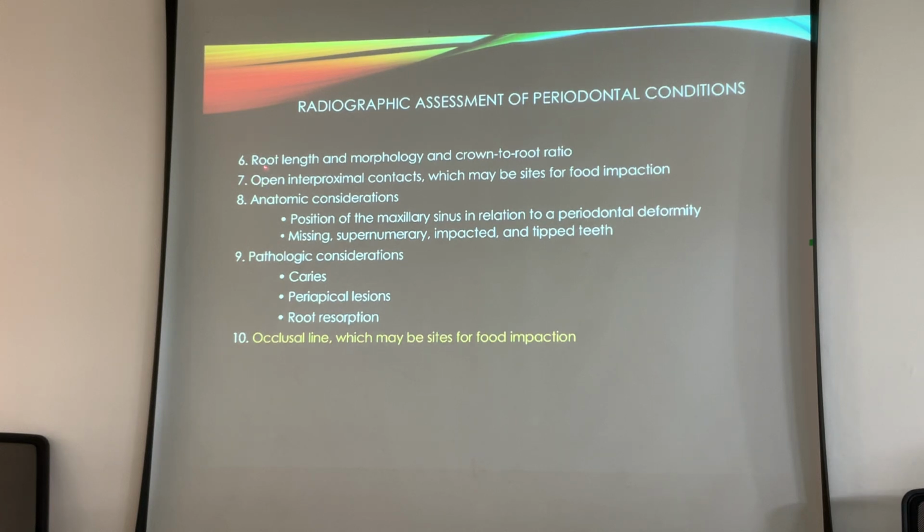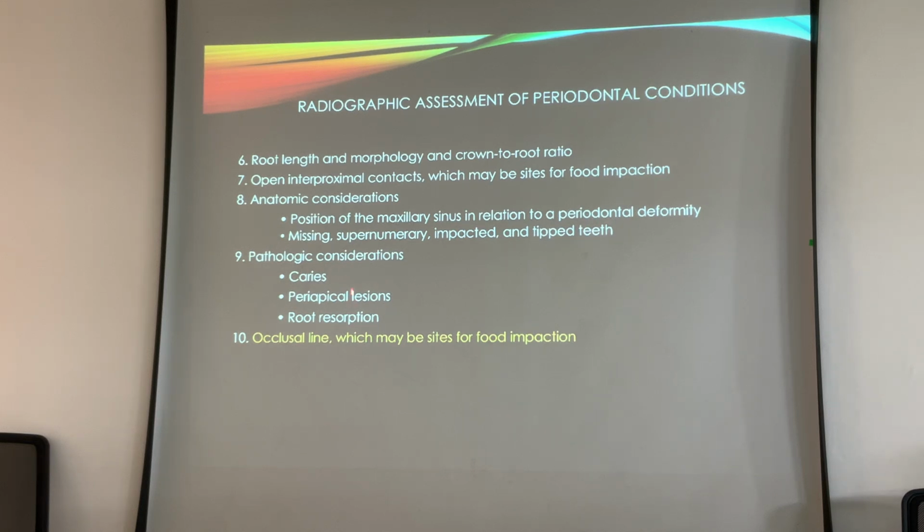The next one, you evaluate root length and morphology and crown to root ratio. Open interproximal contacts, which may be sites for food impaction; anatomical considerations such as the position of the maxillary sinus in relation to a periodontal deformity; missing, supernumerary, impacted teeth; and then pathology consideration.